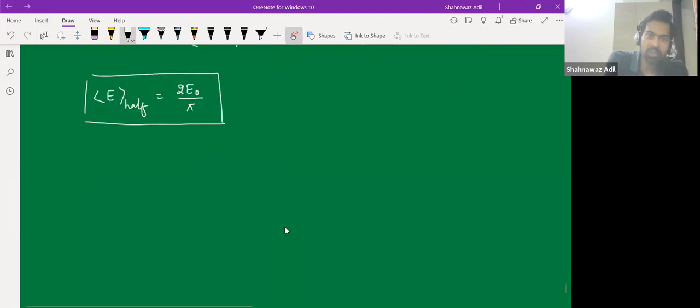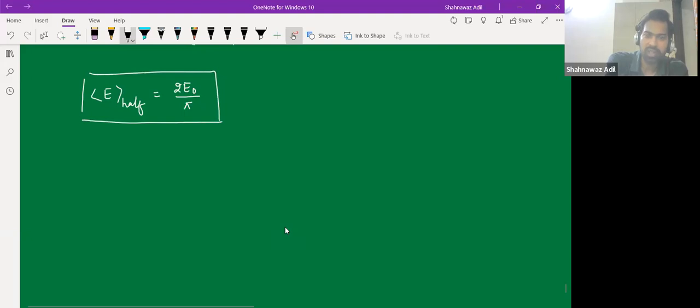Now, what is the counterpart of the DC current? Let's say we have this DC circuit and this is the resistance. What is the counterpart of this DC voltage, because this is a fixed voltage?